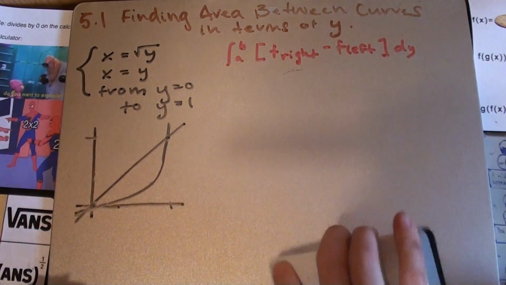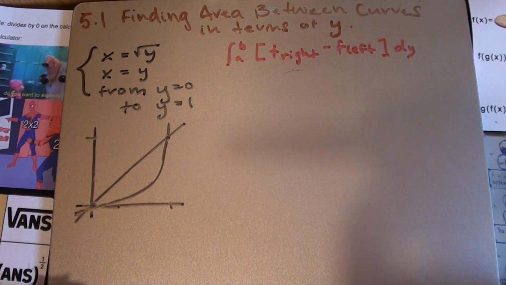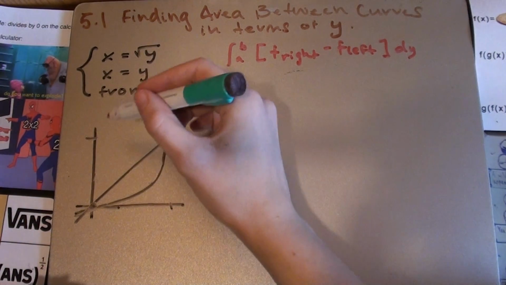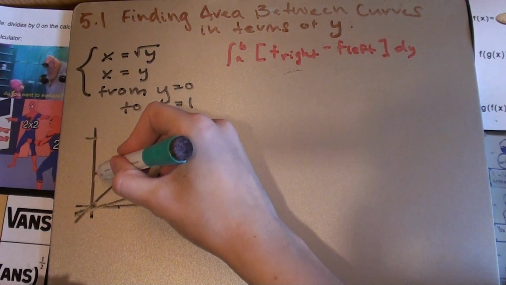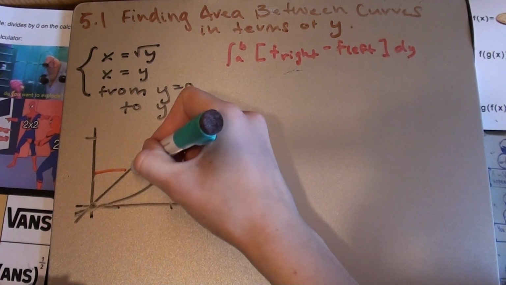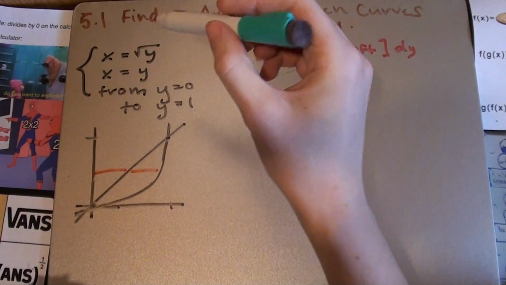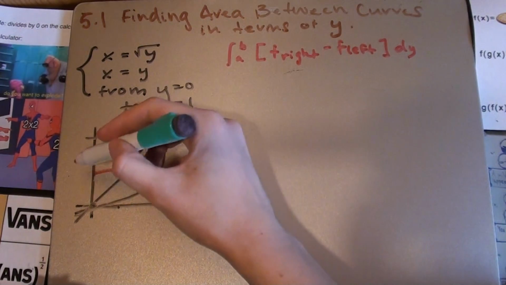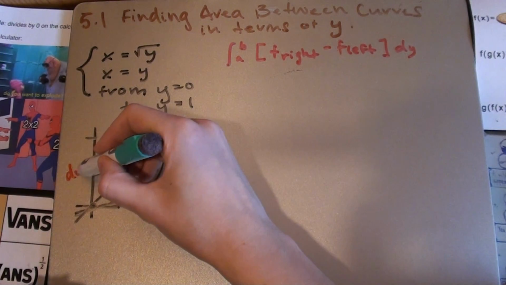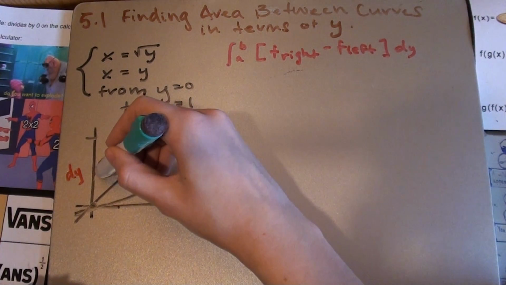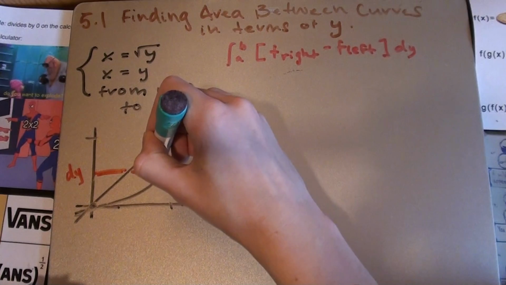So with integration, once again, we have to pick a rectangle. And so here I'm going to go up to my function, x equals the square root of y, and this has an infinitely small width, dy, right? And it goes all the way up to here.